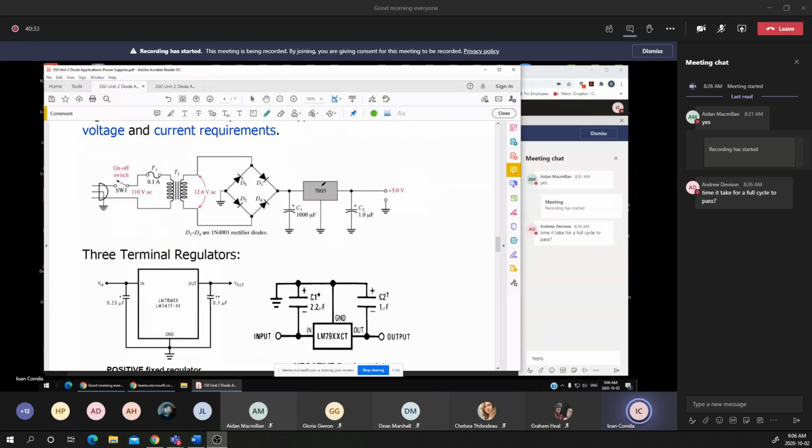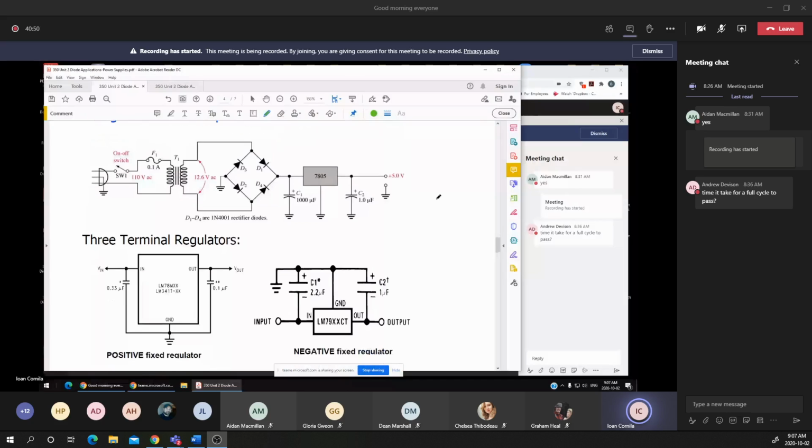The voltage provided to this voltage regulator has to be a bit higher than the 5 volts. We are not applying 5 volts and expecting 5 volts on the output. We know that all the semiconductors have some voltage drop across them. So in order to obtain an output voltage of 5 volts, I have to apply probably 6-7 volts on the input of the regulator.